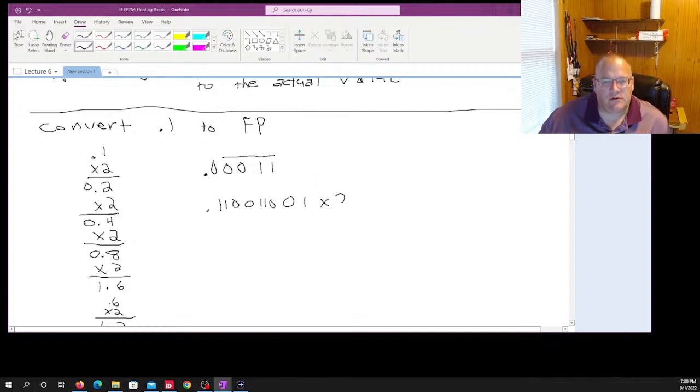So 2 to the negative 3. So we would subtract 3 from 1. Not that important. But we would figure out that negative value to stick in there to make our exponent. And then we would add our bias, and that would get us a positive number.